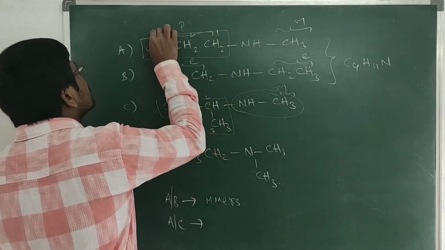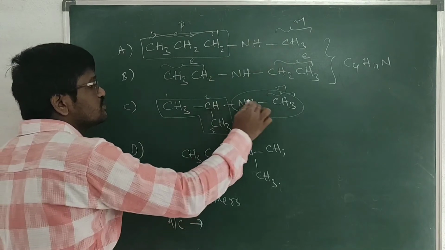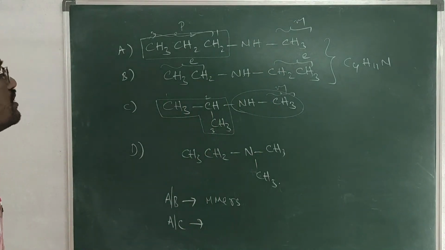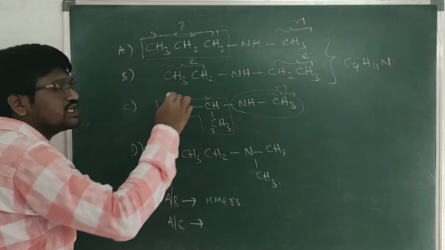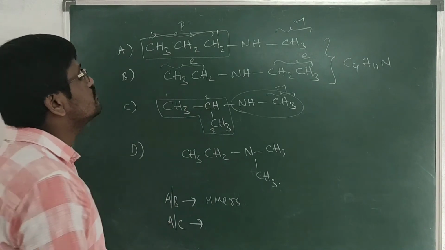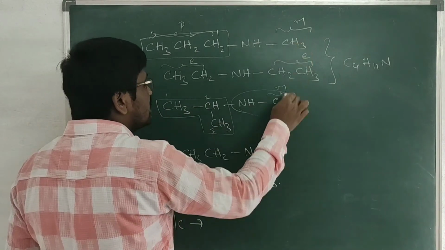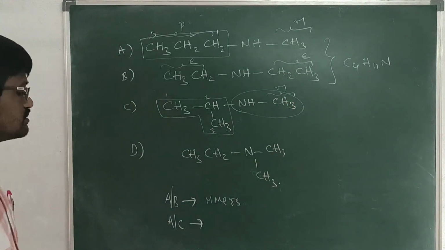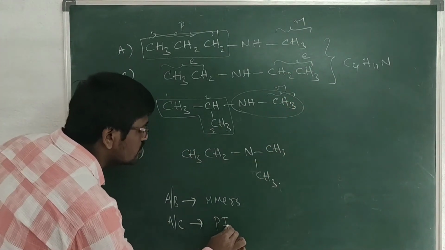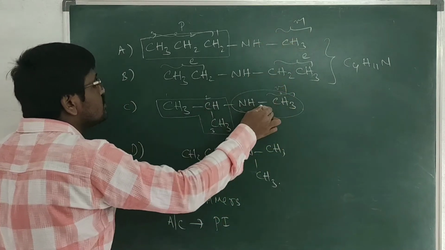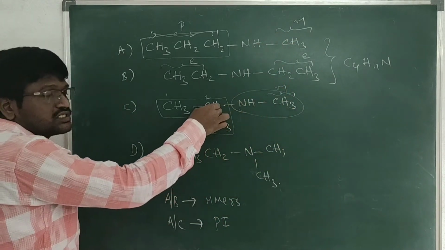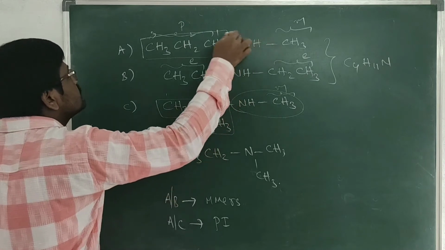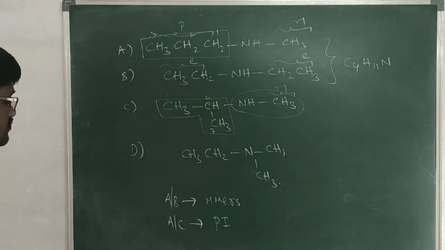The substituent is present at the first position here, and at the second position here. So these are considered position isomers, not metamers, because one side alkyl group is the same and the position of the substituent is different.